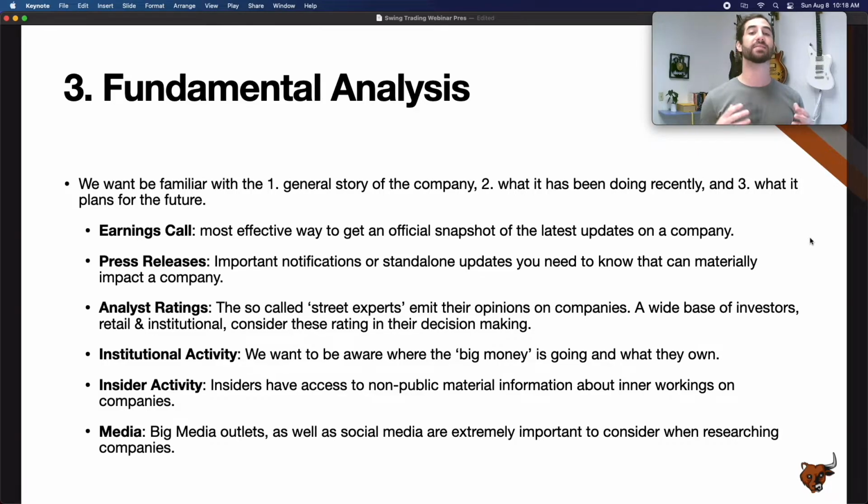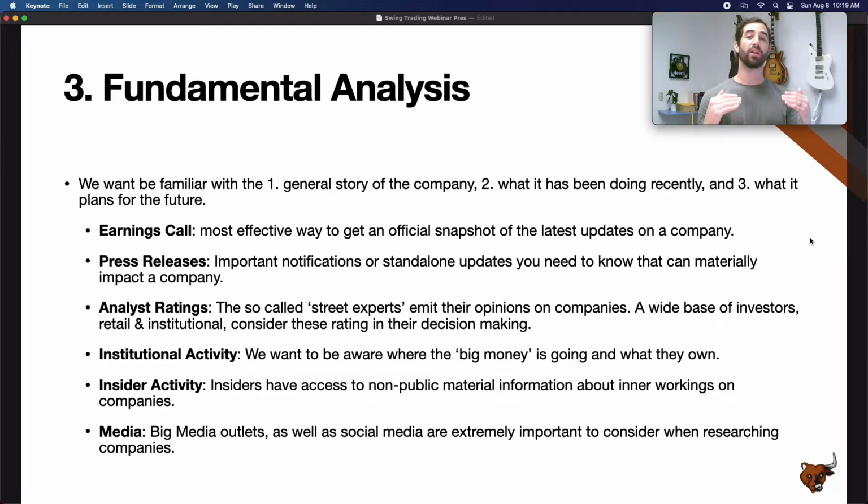And then we also look at insider activity. All right, so insiders are people who have access to non-public material information that can have a direct impact on the company or on the stock. Okay, so these are CEOs, CFOs, directors, and other types of officers or management personnel that have access to these types of information, and have an interest in that company, and they will be able to know more about this company than the average retail investor base.